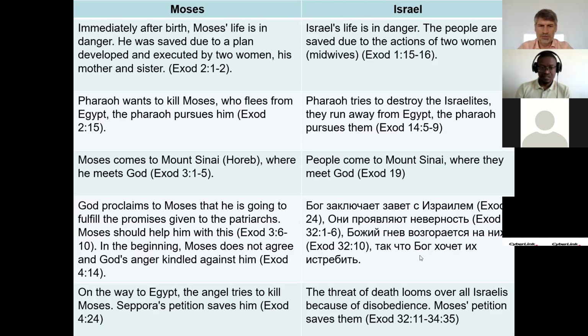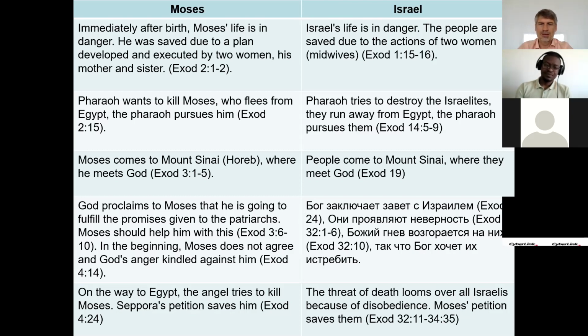And God wants to destroy them or kill them. So the same as with Moses. On the way to Egypt, the angel tries to kill Moses, and Zipporah's petition saves him. The threat of death looms over all Israelites because of disobedience. Moses' petition saved them. So we can see that between Moses and Israel, there are many, many parallels.